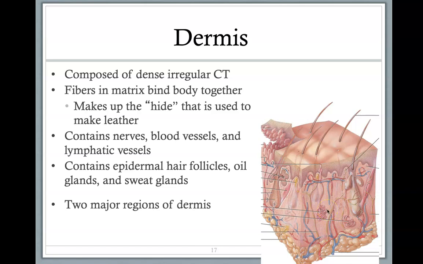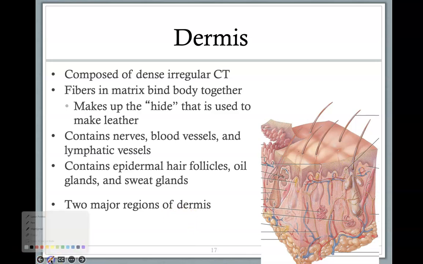And then again, like I told you, we're going to break down the dermis into these two major regions. There's the papillary region, this region that has all these papillae. These little finger-like structures are your dermal papillae. So this region here is going to be the papillary region of the dermis.